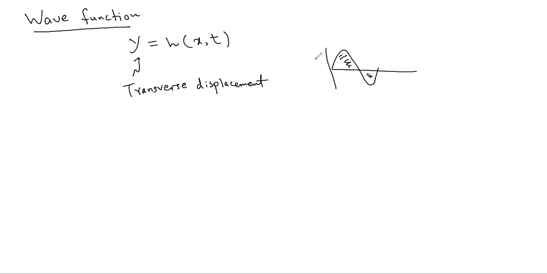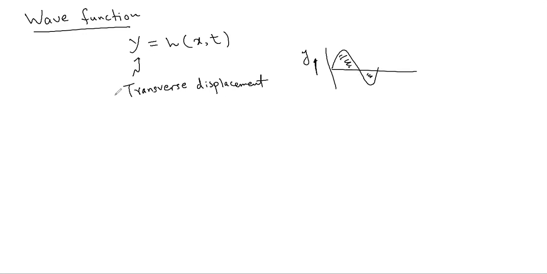The y is along this direction, the transverse or perpendicular distance of the wave. Just overlook all the mathematical technicalities, since we do not need all those things in the course.